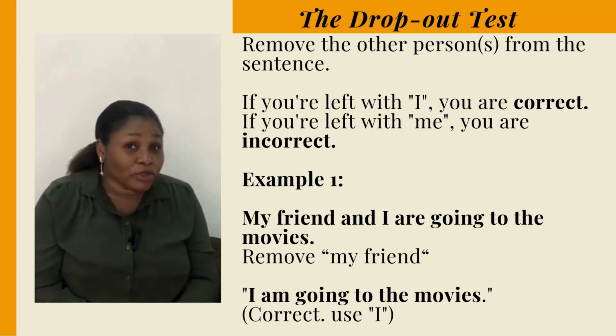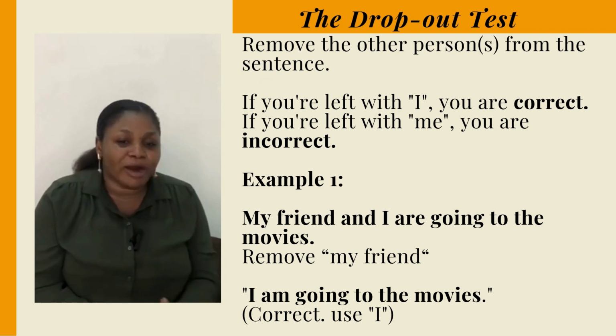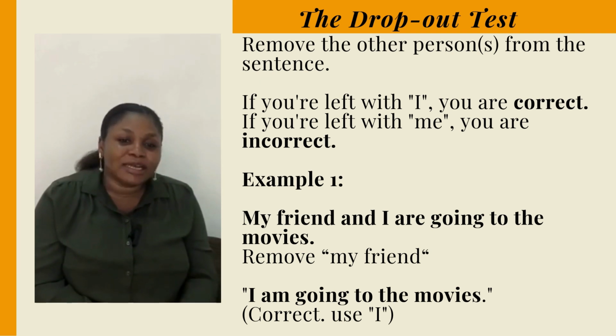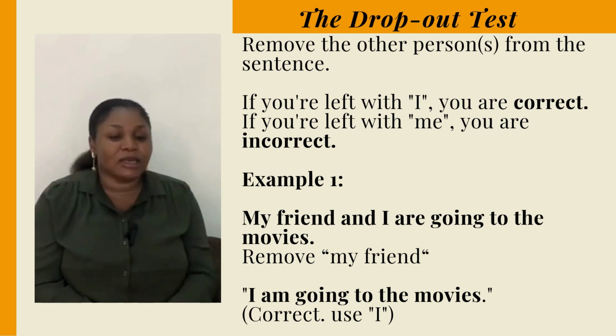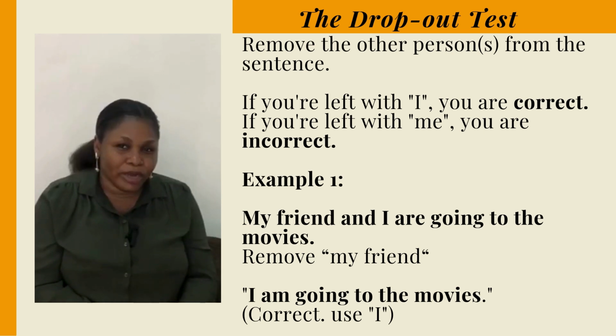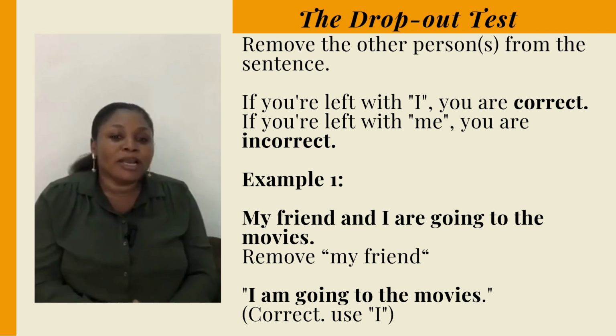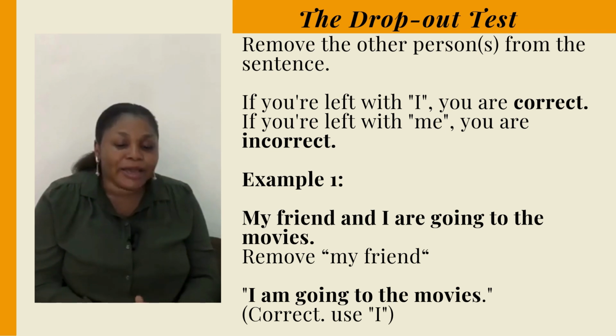So what are you going to do? You remove my friend and then you're left with I. Try to make the sentence with just I without my friend. Let's do that. I am going to the movies. Does that sound correct? Yes. That is correct. So it is only convenient to use I.